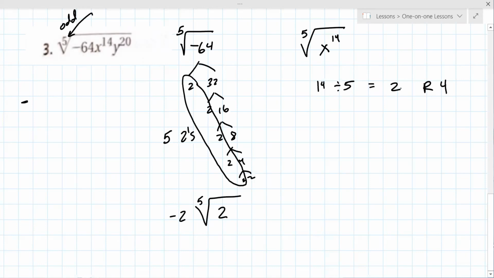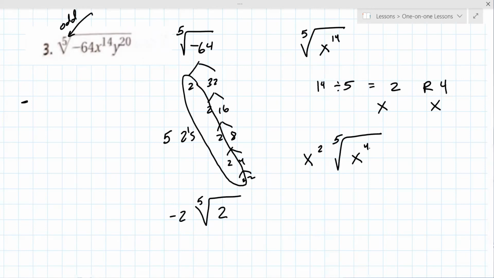So the 2 tells you the power of what's on the outside. The 4 is how many are left on the inside. So the fifth root of x to the 14 becomes x squared, the fifth root of x to the 4th.